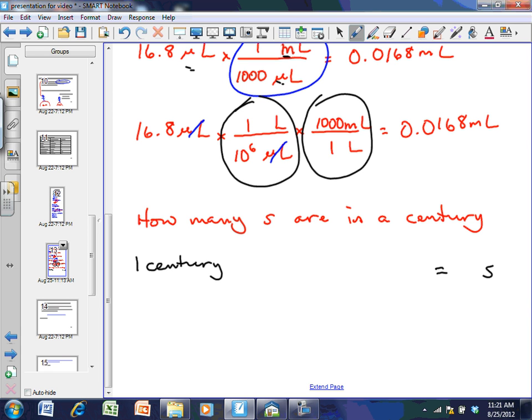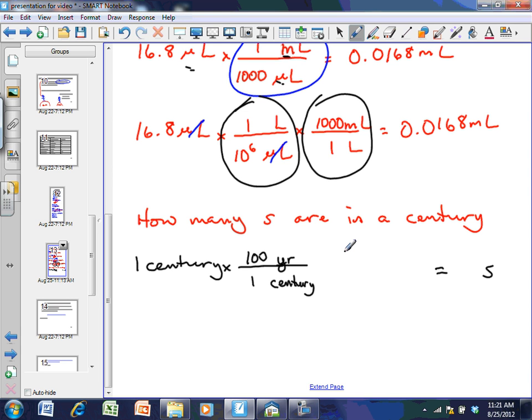Now I need my conversion factors. Do I know how many seconds are in a century directly? No. So I'm going to put century on the bottom, and I'm going to put whatever I know on the top. I do know how many years there are in a century. 1 century is 100 years.